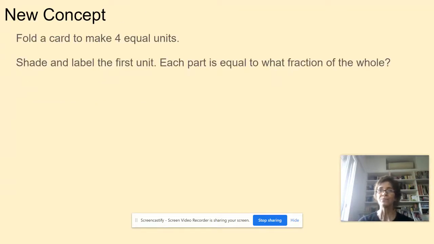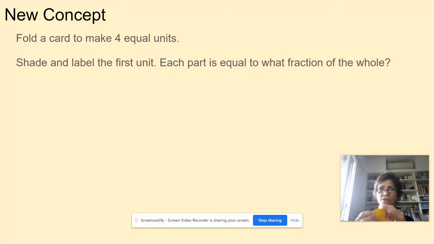All right, now, let's see if you can do this with me. Sorry, let me get this card. Okay, fold a card to make 4 equal units. So we have one whole card, and we're going to make 4 equal parts. So you fold it in half and then in half again.